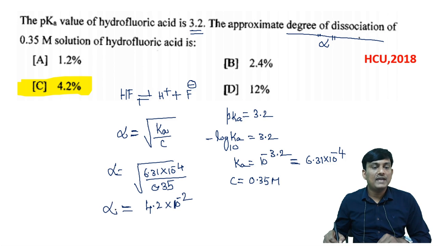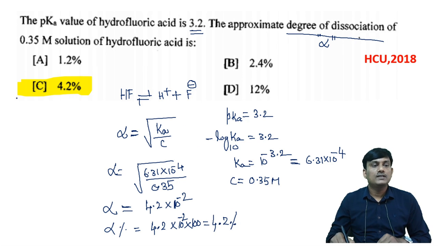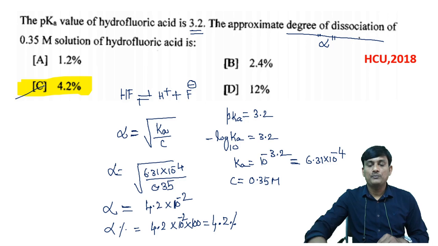This is a fraction. To convert the fraction into a percentage of degree of dissociation, you have to multiply 4.2 into 10 to the power of minus 2 by 100. So this is equal to 4.2 percentage. So the correct option is C.